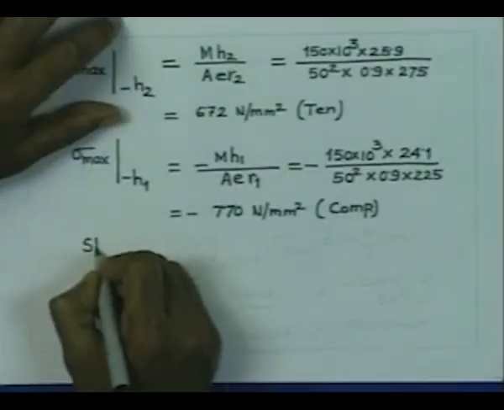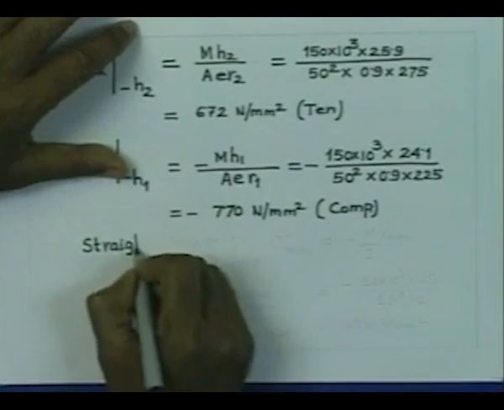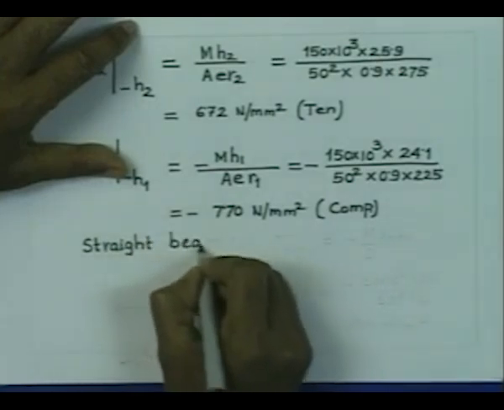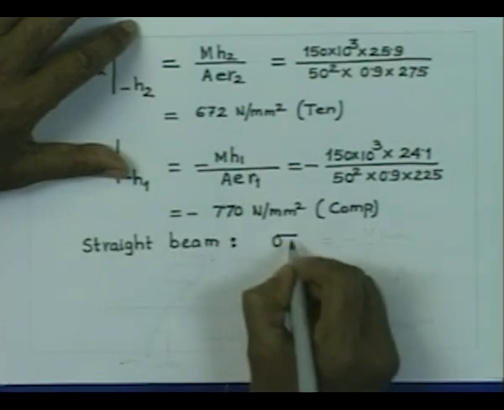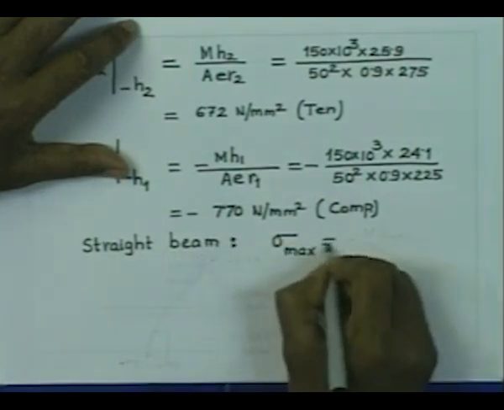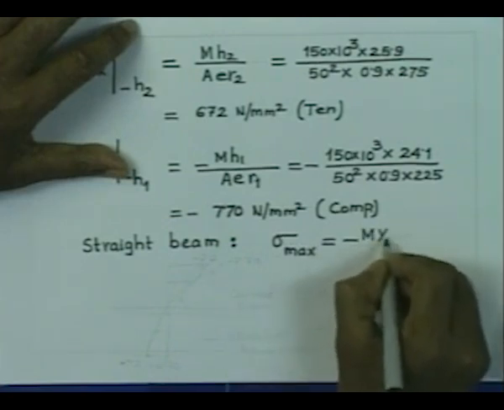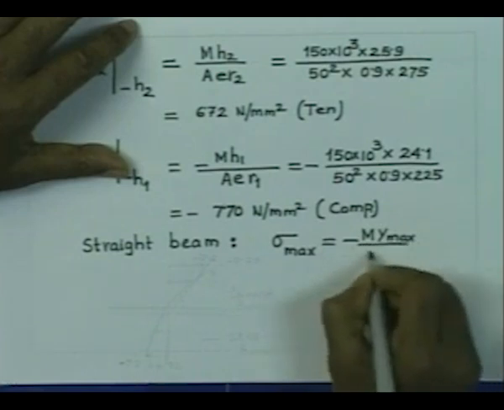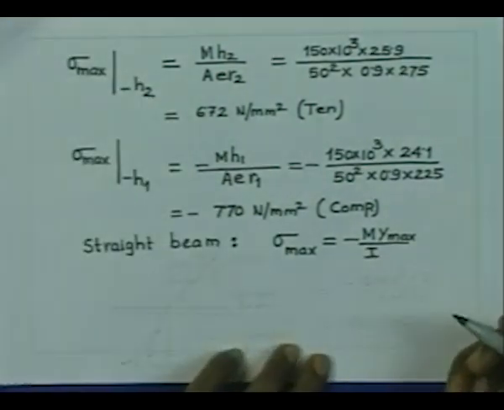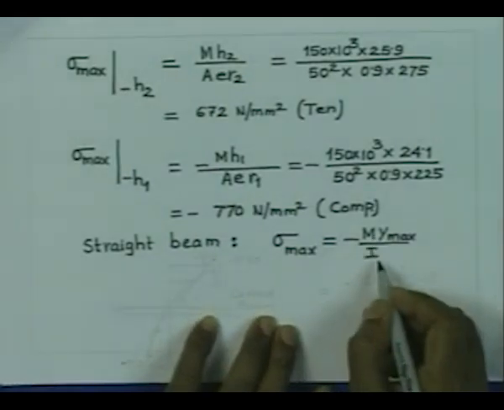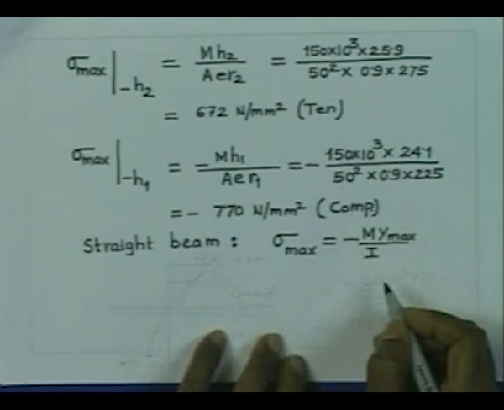If you compute the stress when the beam is straight, then it is simply going to be 6 M by b h square, or you can write that maximum stress is nothing but M into y maximum divided by I. So, therefore, for straight beam, sigma maximum is equal to minus M y maximum divided by I. So, in this case you have I is nothing but 50 to the power 4 by 12.